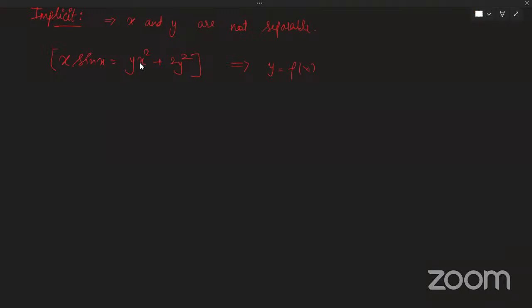How will you take the derivative? Like, how will you take the derivative of y into x square? How will you find the differentiation of y multiplied by x square? What will you do? Forgot?